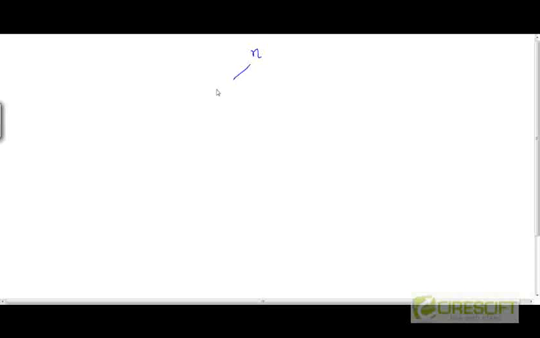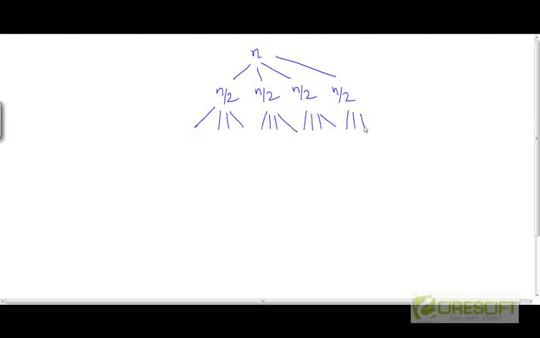1 node with a cost of n, 4 nodes with a cost of n by 2. Each of them will have 4 children, each with a cost of n by 4.